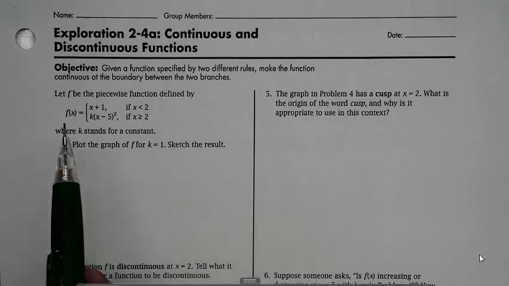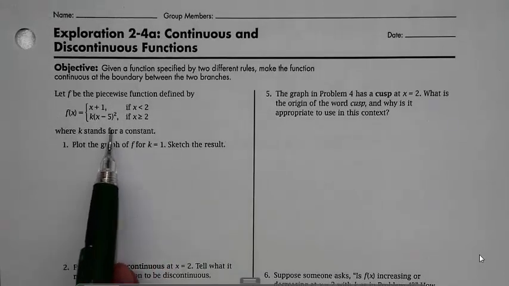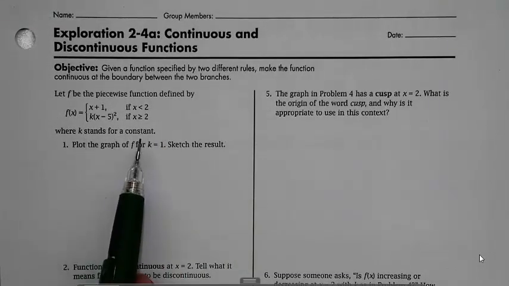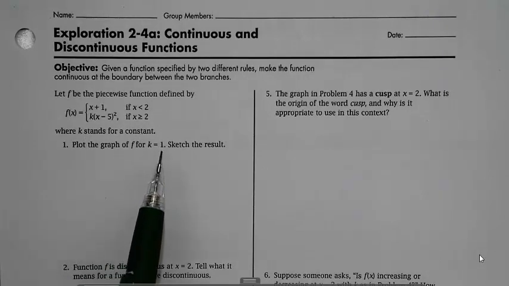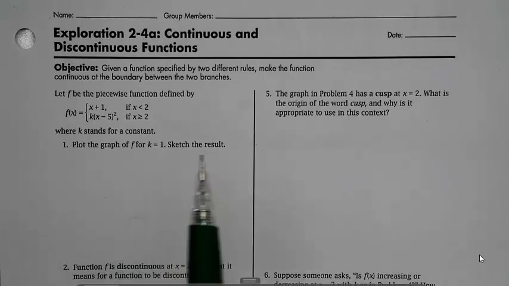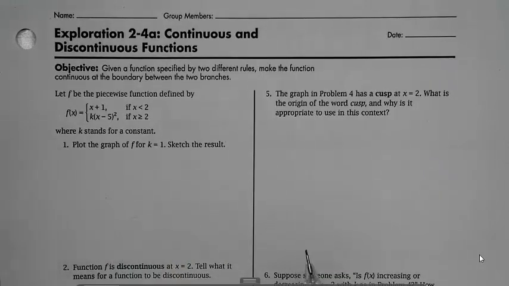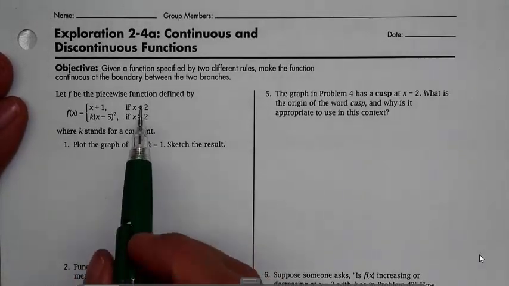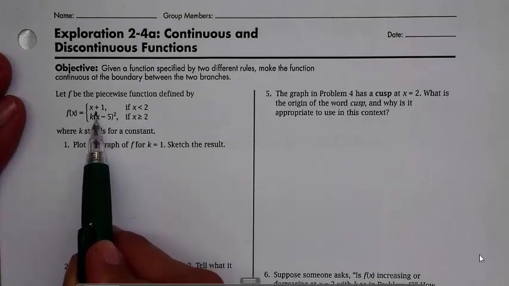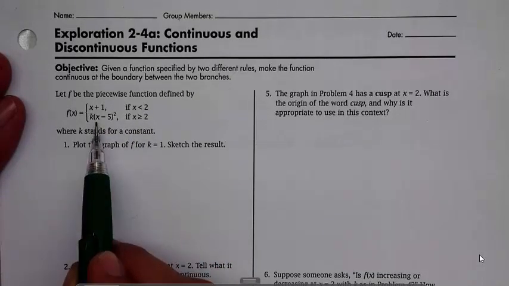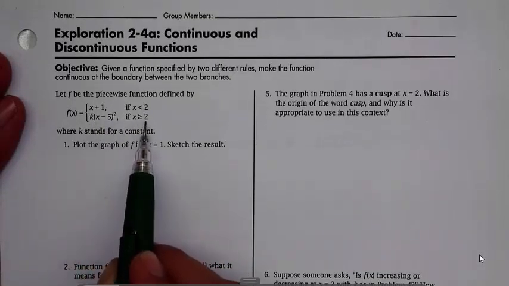So we have our piecewise function here. k is some constant. We're going to plot the graph of f when k equals 1 and sketch that result. Hopefully you can do this without your calculator. I'm hoping this will be pretty simple. Looking at my domain, I know that this piece is going to be when x is less than 2, and this piece is going to be when x is greater than or equal to 2.